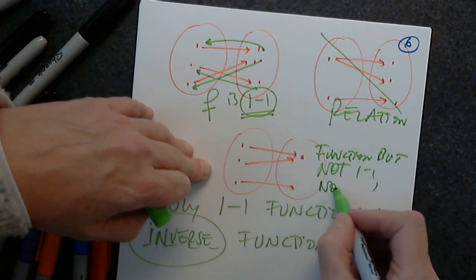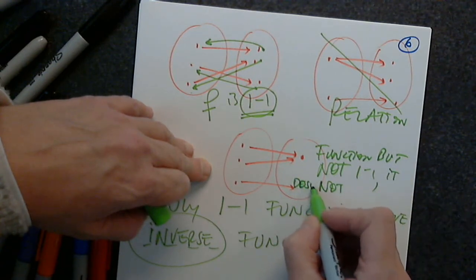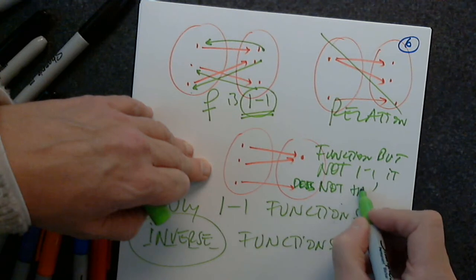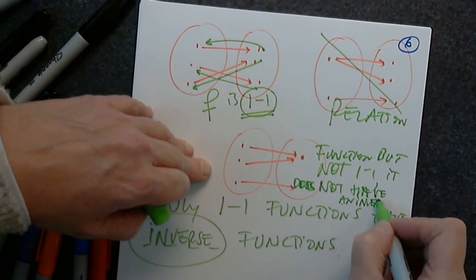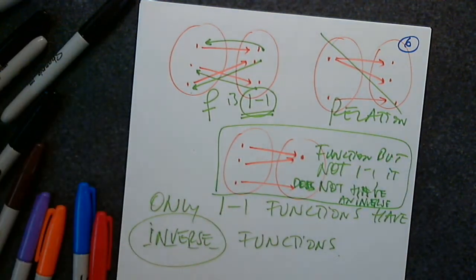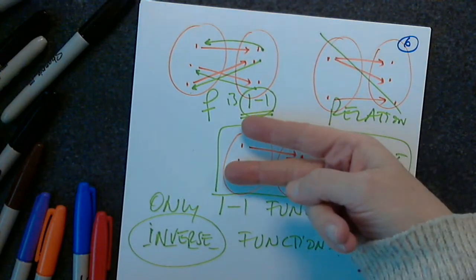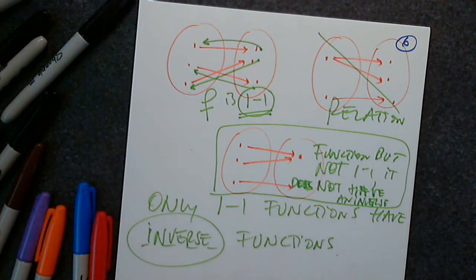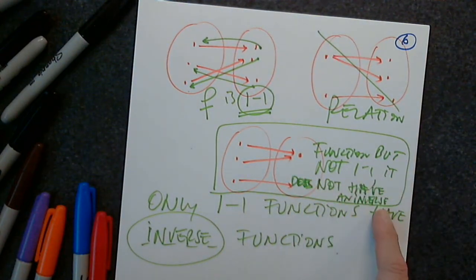Therefore, it does not have an inverse. This function is a function, to each x only one y, but going backwards, I cannot create a function because to this x value, it will correspond to different y values. So this one is a function, but it's not one-to-one. Therefore, it does not have an inverse function.